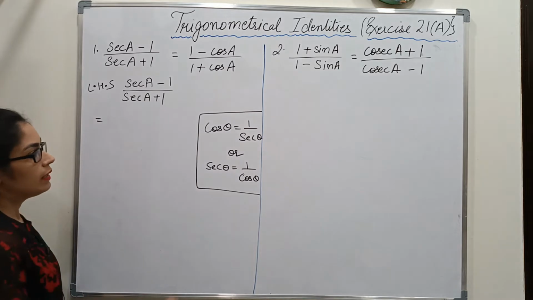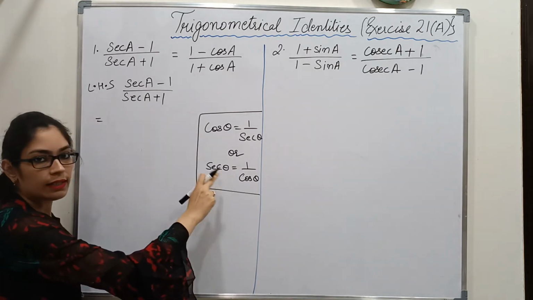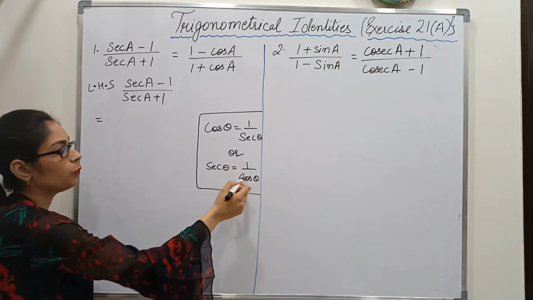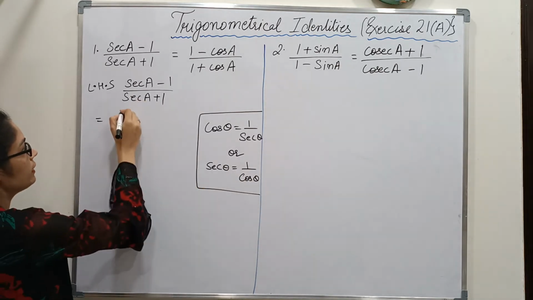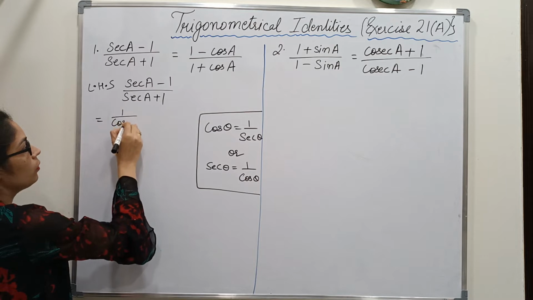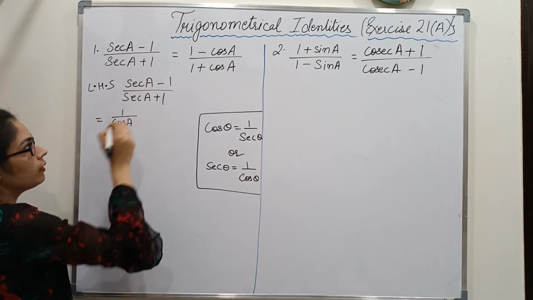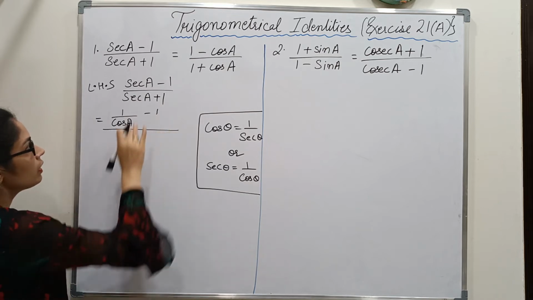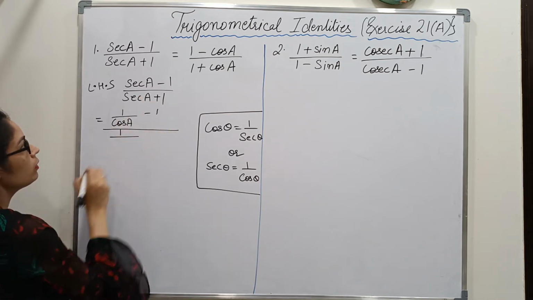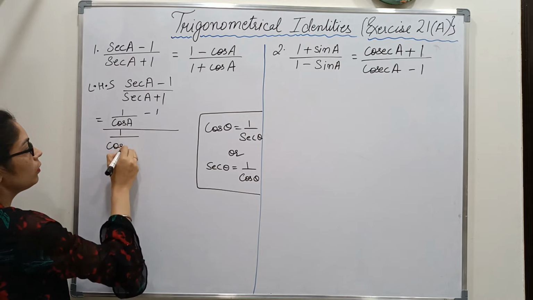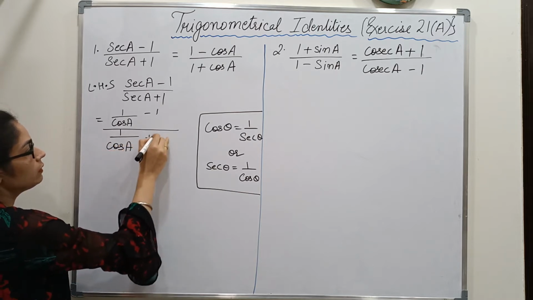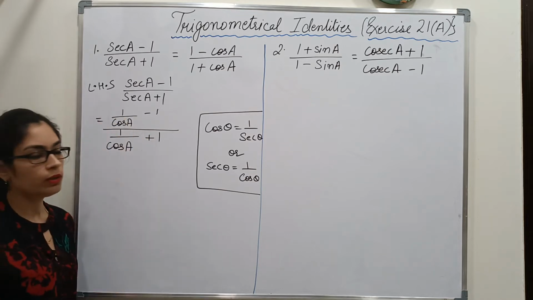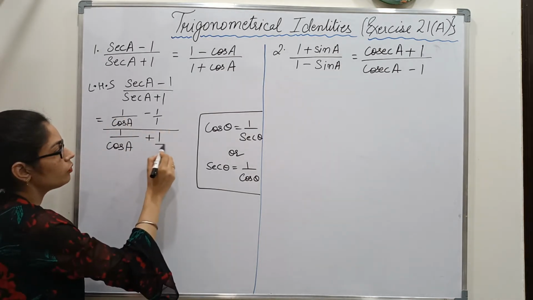Secant A, here theta means some angle, here A is some angle. So secant theta is equal to 1 by cos theta. So let's change it to 1 by cos A, because the same angle you have to write. Minus 1 as it is. Here also let's change it to 1 upon cos A plus 1, because this is some fraction. So let's write it also in the form of fraction.